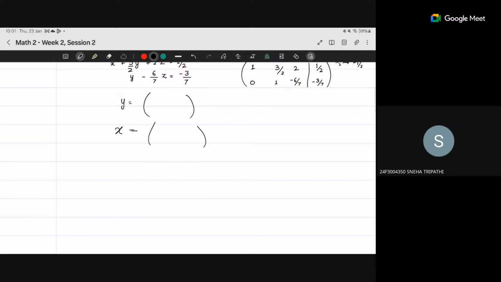Sir, the professor said something different about homogeneous systems. He said for the coefficient matrix, if det is not equal to 0, then it has the solution 0, and if det is equal to 0, then it has infinitely many solutions. That is for the square system.